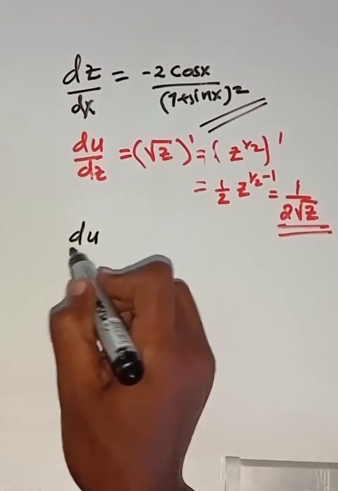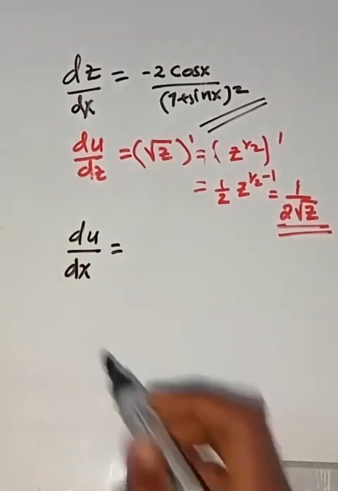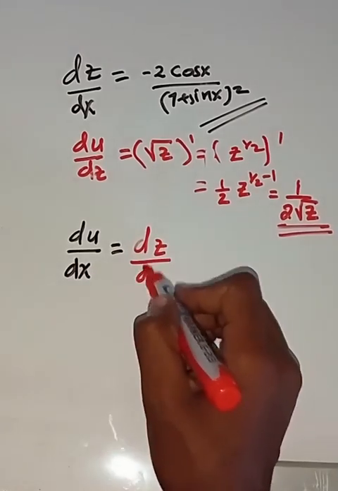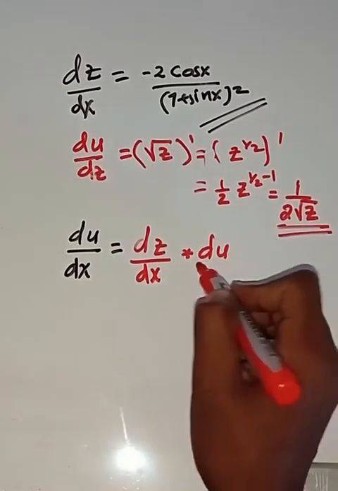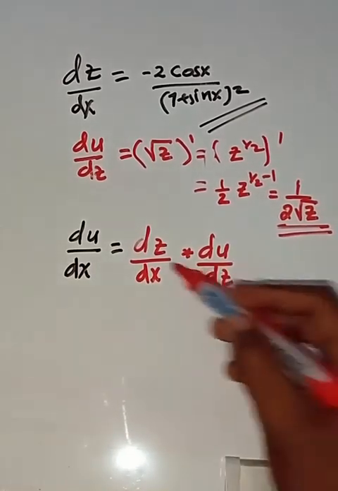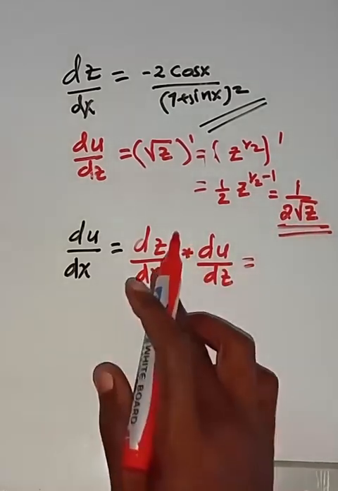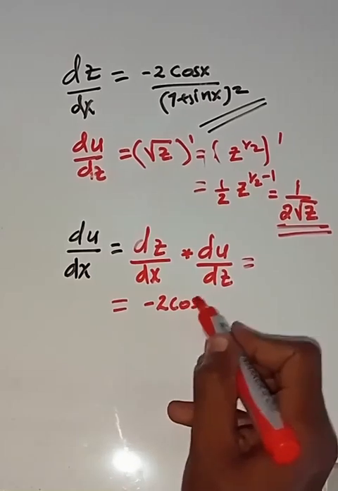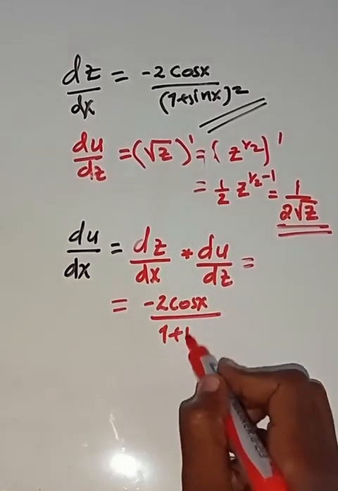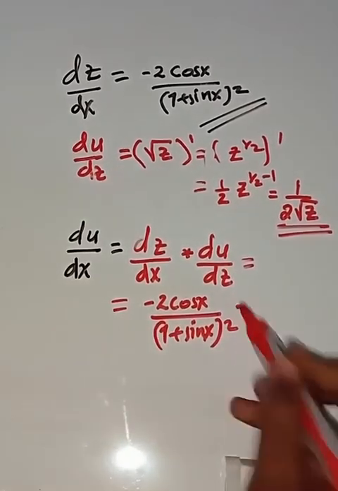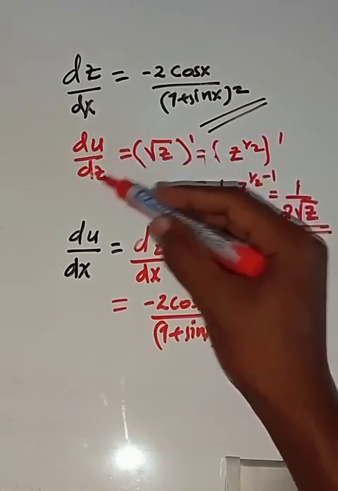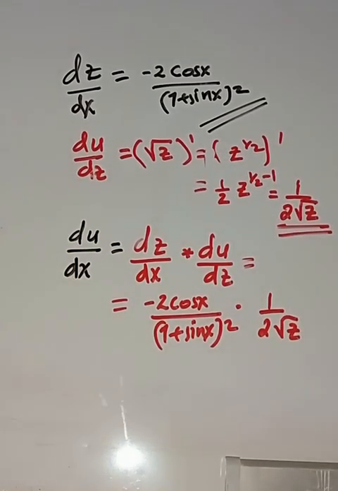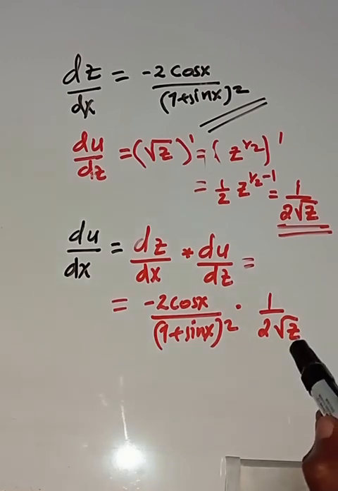So now du over dx equals dz over dx times du over dz. What's dz over dx? It is negative 2 cos x over 1 plus sine of x the whole square, times du over dz, which equals 1 over 2 square root of z. What's the value of z?